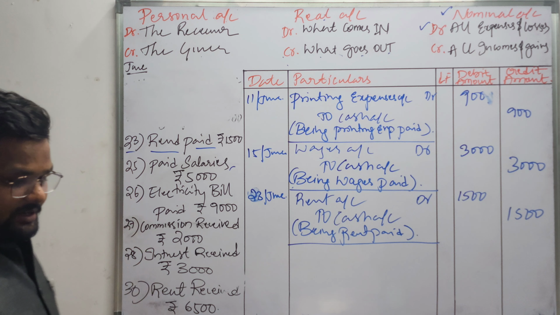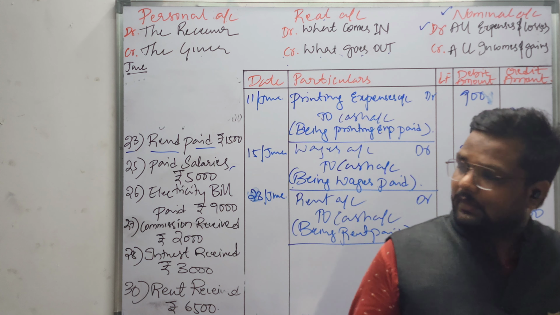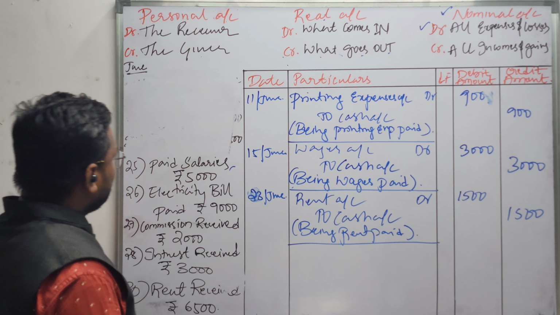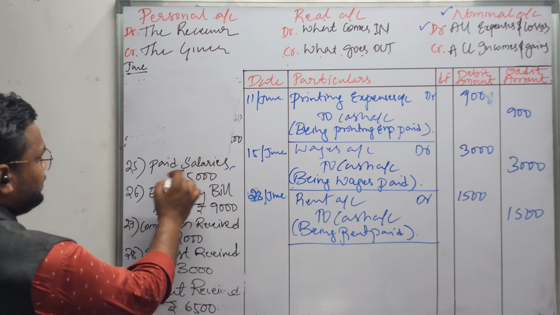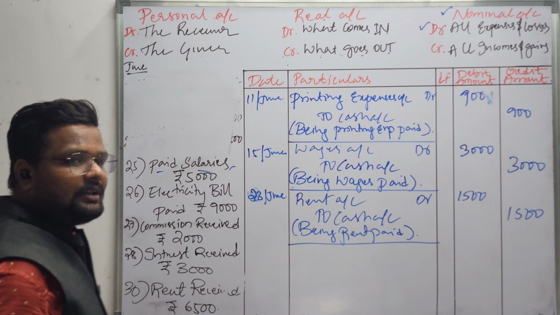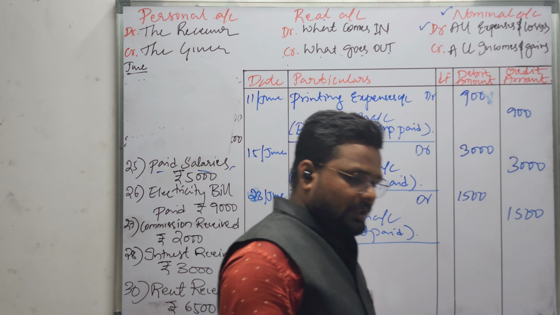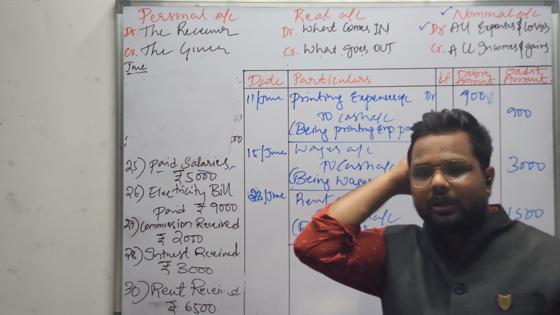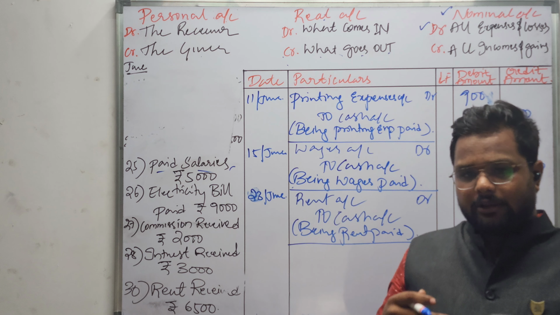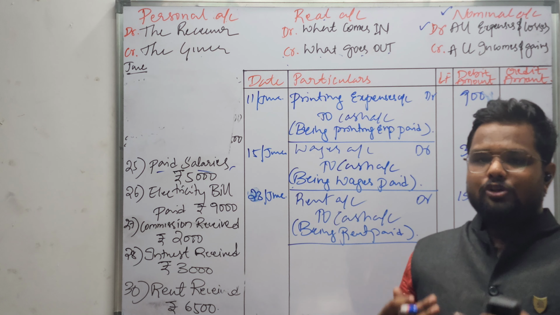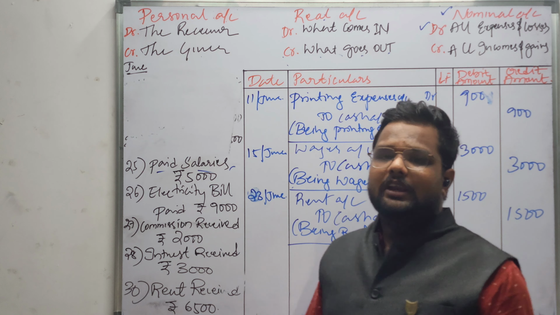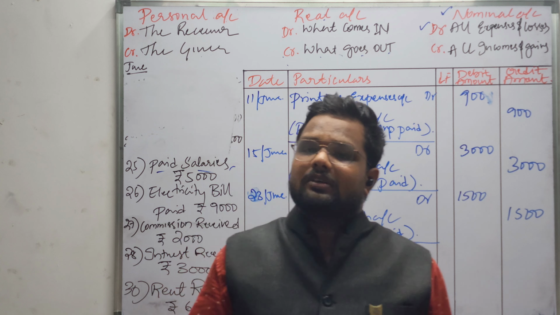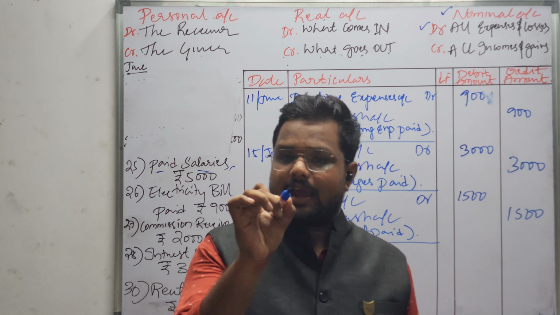So what's the next transaction? The next transaction is paid salaries. Now, whenever you are paying any salary for your employees, what is happening? Are you receiving the money or are you paying the money? For any of the expenditures, we are paying for that.